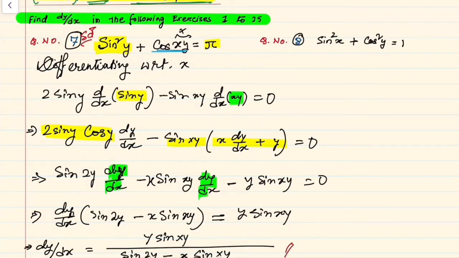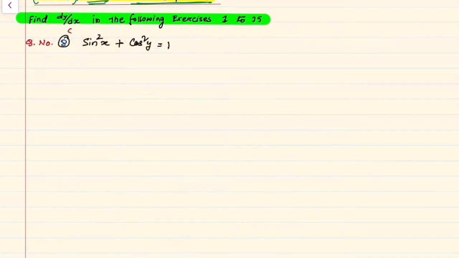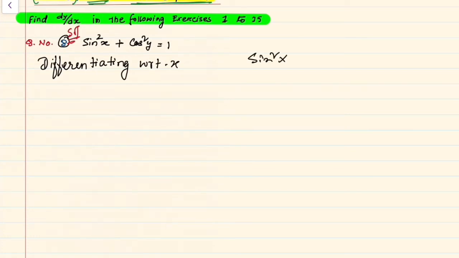Now let me show you how to solve 8. So let us solve question number 8. So differentiating with respect to x. So if you differentiate x square, sine square x, here you can assume this one as sine x whole square.